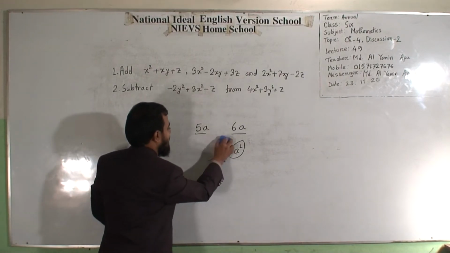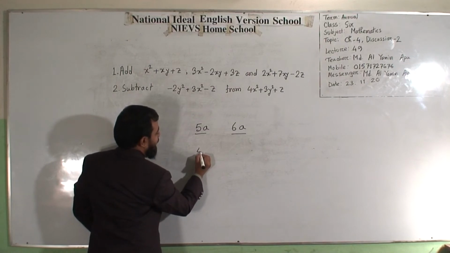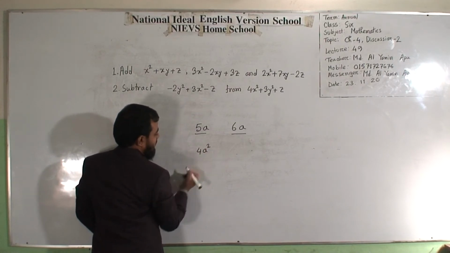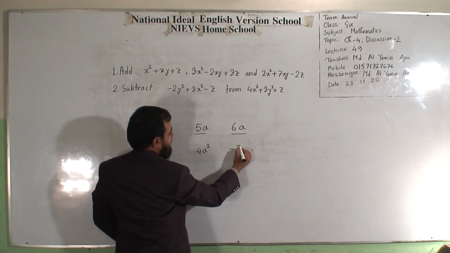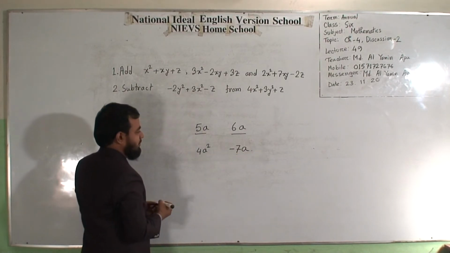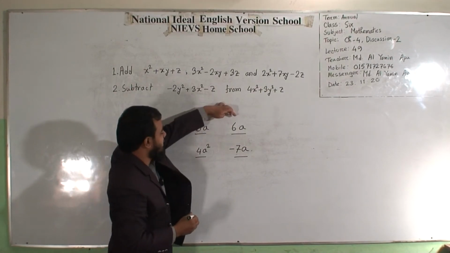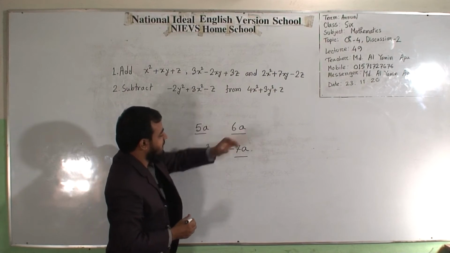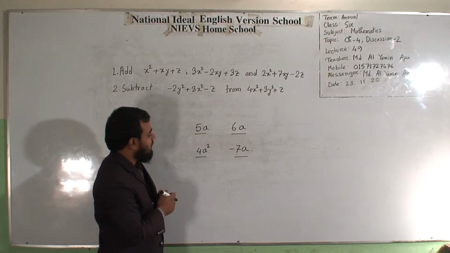But look, suppose we have 4a square, and another term here is minus 7a. These are four terms: 5a, 6a, 4a square, minus 7a. We have to consider only the variables.